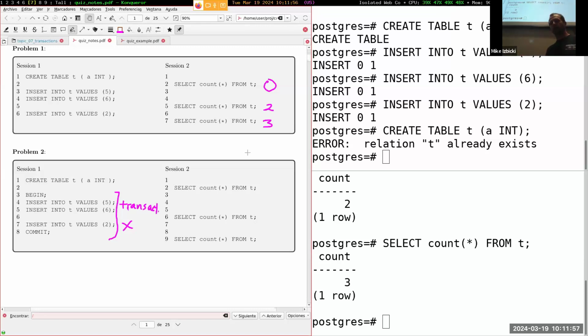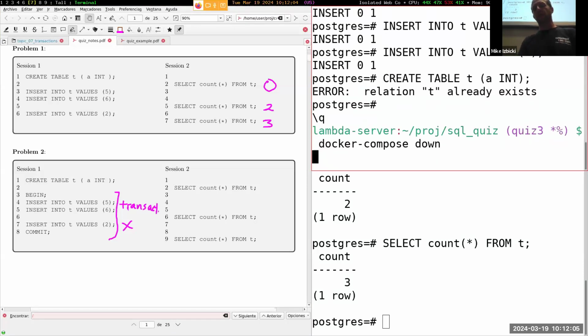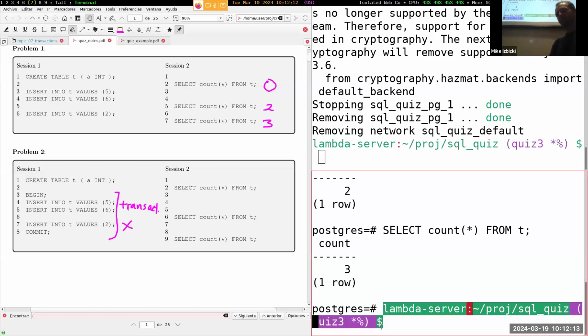So the most correct way to get a fresh database instance would be to leave Postgres and run docker compose down, like this. That'll disconnect. You notice that in the bottom right-hand corner, I was still connected to pSQL. It's disconnected me from pSQL because I have disconnected from the database. The database no longer exists, and so nobody can be connected to it. And then I rerun my docker compose up.